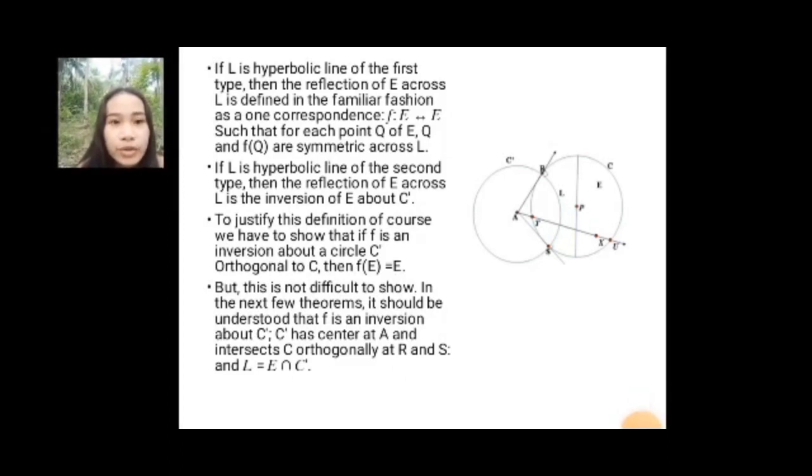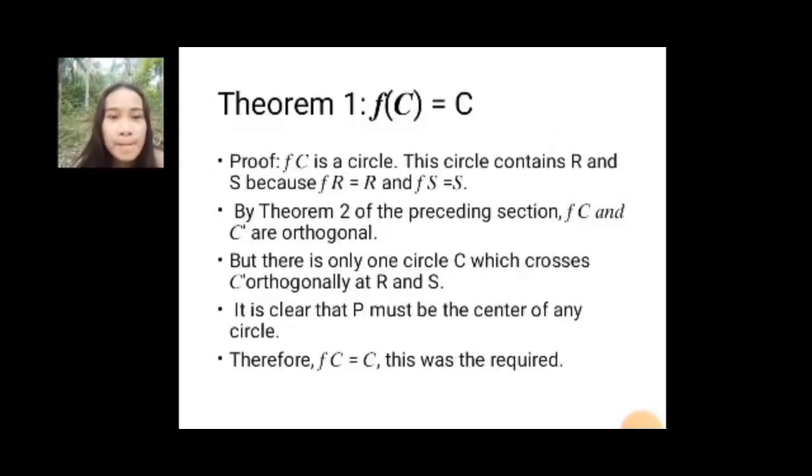In the next few theorems, it should be understood that F is an inversion about C prime. C prime has center at A and intersects C orthogonally at R and S, and L equals E intersect C prime. So let's have theorem 1. FC equals C. Proof. FC is a circle.